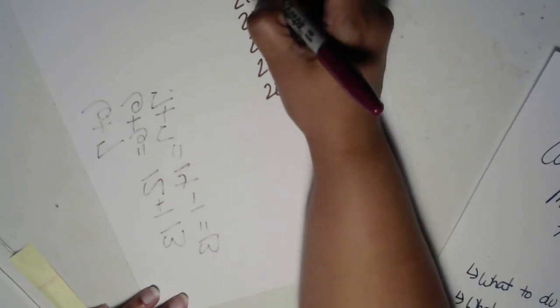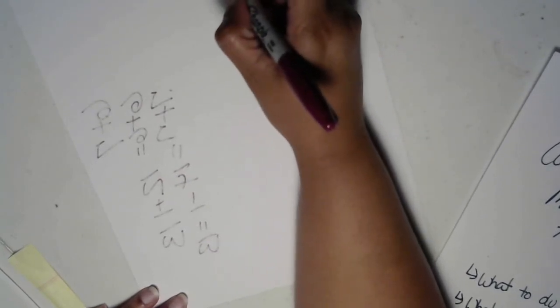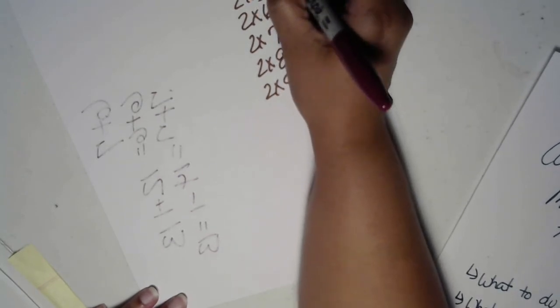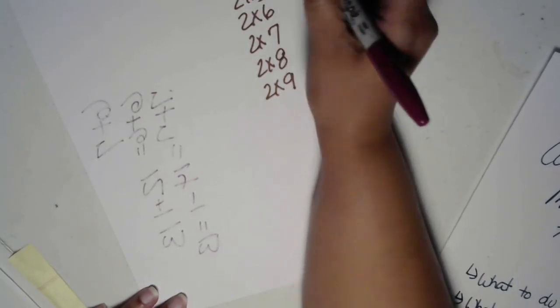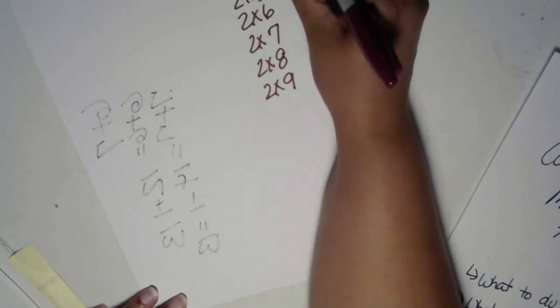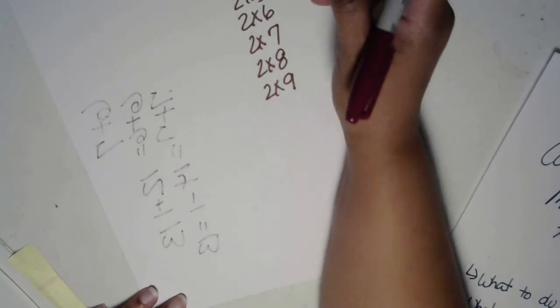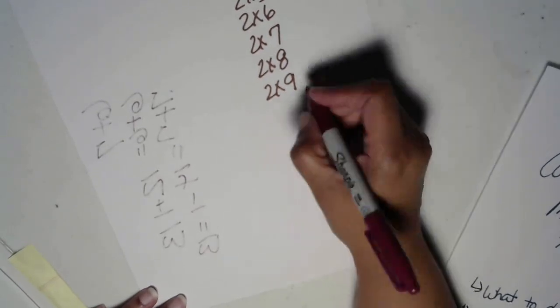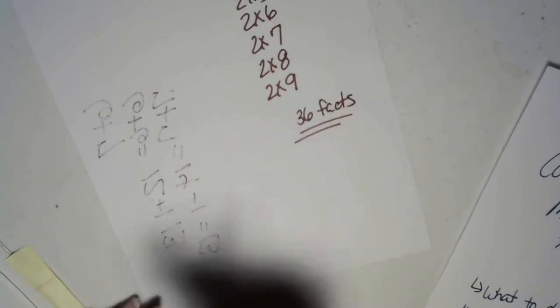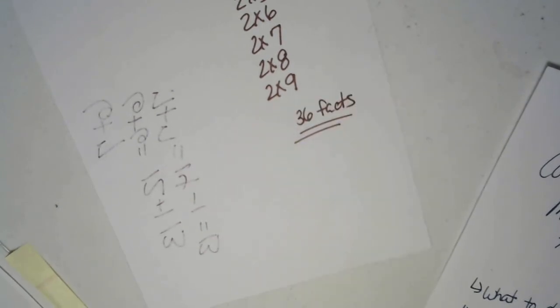When I start with my 3s, I don't need to do 3 times 2 because I already have it. So I can start with 3. And then when I do 4, I don't need to do 3 times 4. I already have it. I can do 4, 5, and so on. And it will equal out to 36 facts, which is much more manageable. Okay.